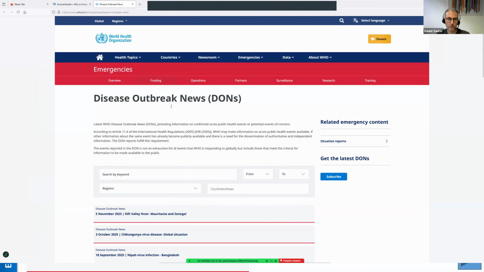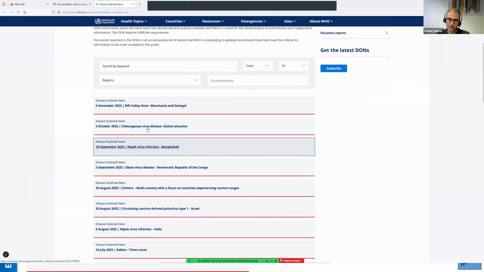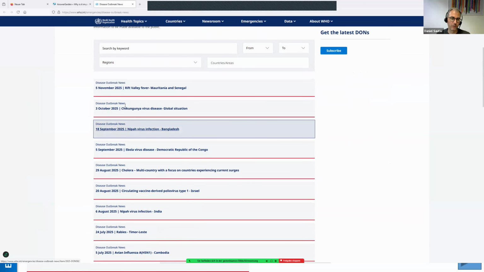Disease Outbreak News. When you scroll down, you can see different outbreaks listed by date, and you can see the latest report is from November 5th. It's about an outbreak of Rift Valley fever virus in Senegal and Mauritania. If you go further down, you can see there are outbreaks of chikungunya, Nipah virus, Ebola virus, and so on. Whenever you click on one of these, you get more information.